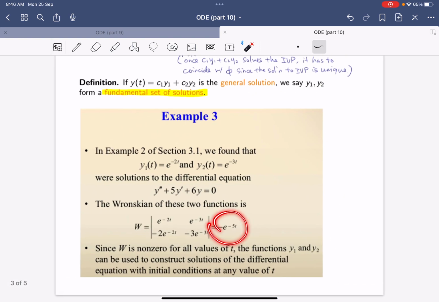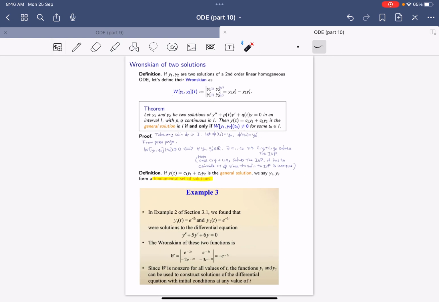Because it works for any value of t, just use t equals 0, and we are able to construct the solutions for the differential equation in the following sense, where you just take the linear combination. So I hope this is clear on how the general solution works for a second order homogeneous linear equation.